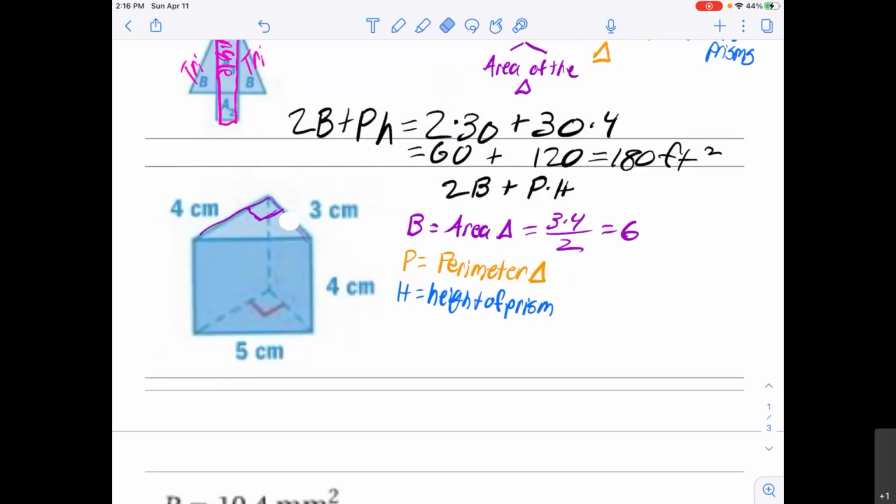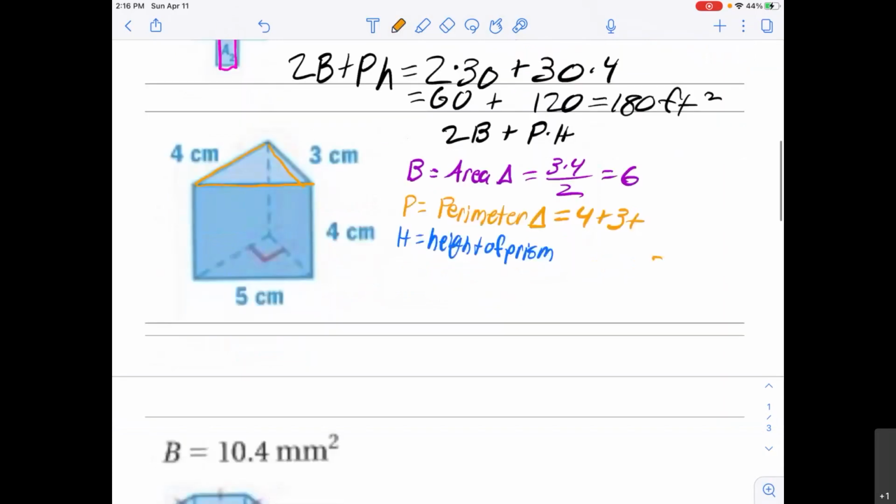The next thing is to find the perimeter of my triangle. Perimeter is the length of the 3 sides going around the edges. I know those two are 4 and 3. And then this side I can tell is 5. So 4 plus 3 plus 5, that gives me 12.